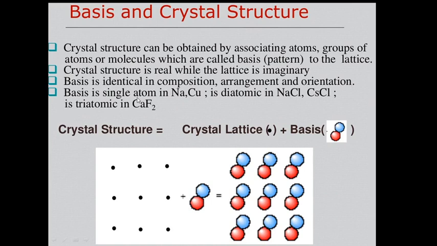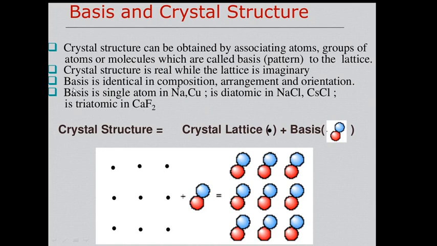Basis can be a single atom of Na or copper, or it could be diatomic, like in the case of NaCl, cesium chloride, or it could be triatomic also, like calcium fluoride. So it's a combination of three.